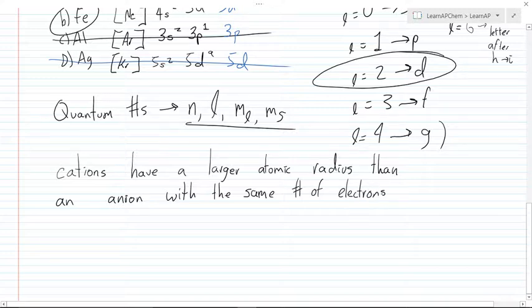So that cations are larger than anions is sort of a quick way of saying cations have a larger atomic radius than an anion with the same number of electrons.